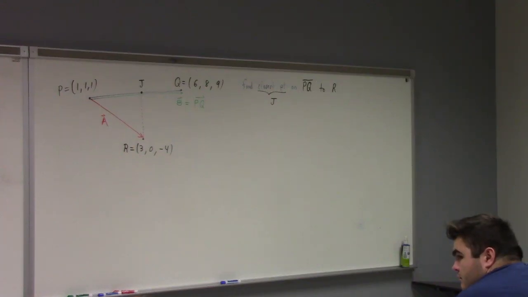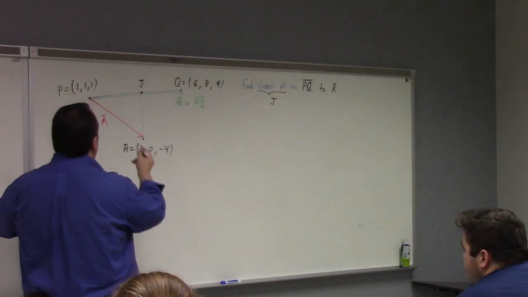Now there's a couple of different questions to ask here. They're related, but they're different. The one question is how far is the point from the line segment? The other question is what is the point that's closest? Those are different questions.